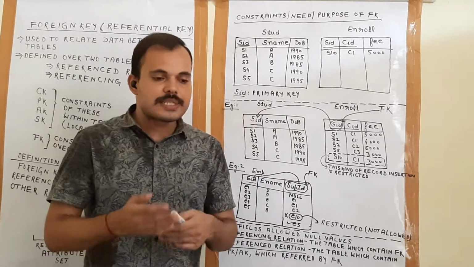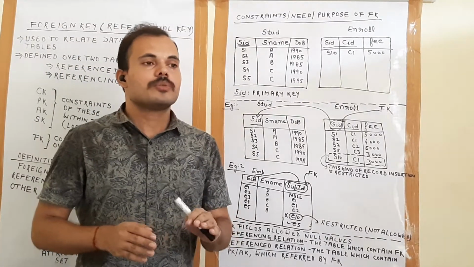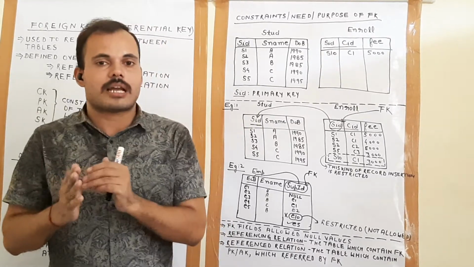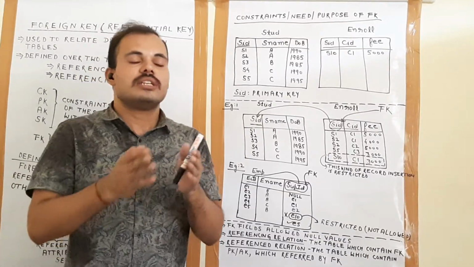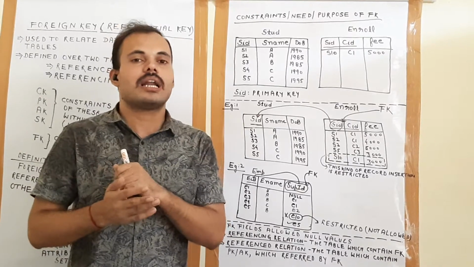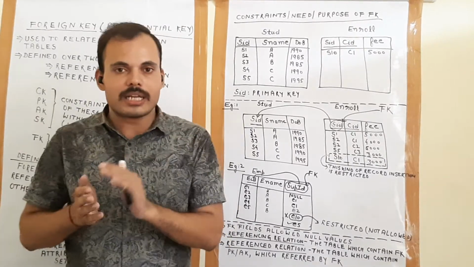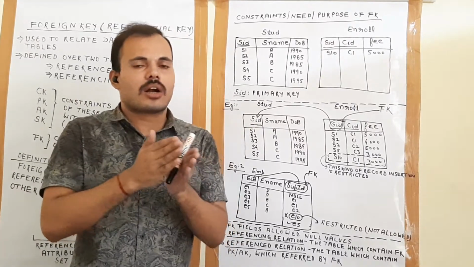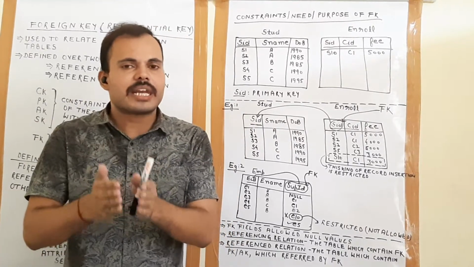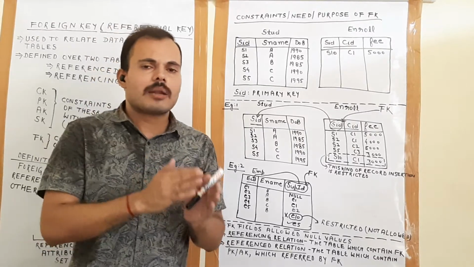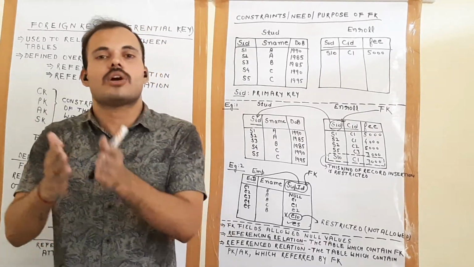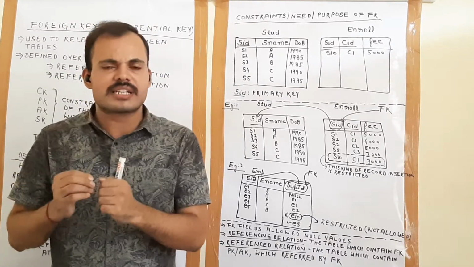Why are we applying restrictions here? To maintain consistent data, to maintain correct data. We are maintaining constraints or restrictions by using foreign key to maintain consistent data, meaning correct data.